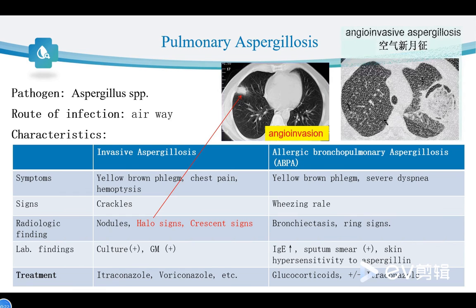And let's look at another picture. Here shows a fungal ball in the cavity, and we can also find a gap similar to the moon beside this fungal ball. It's called crescent sign.